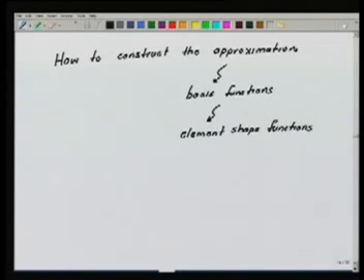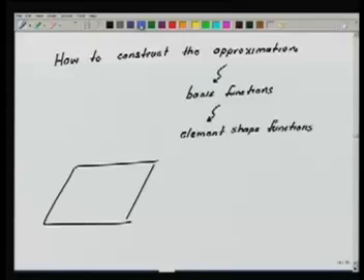Here we will see that we can construct one family of basis functions globally which will not be conforming, in the sense that they will not ensure continuity of del w del x, del w del y everywhere along the edges.